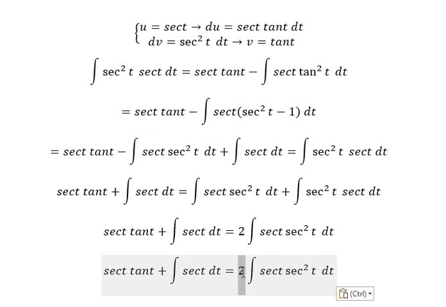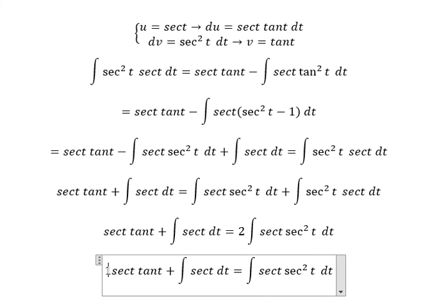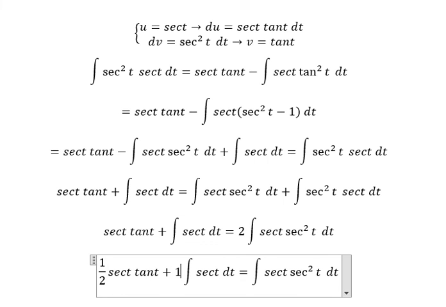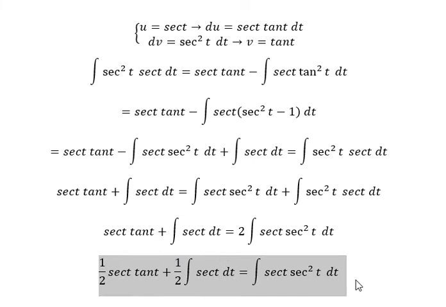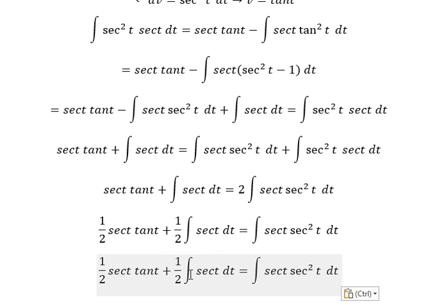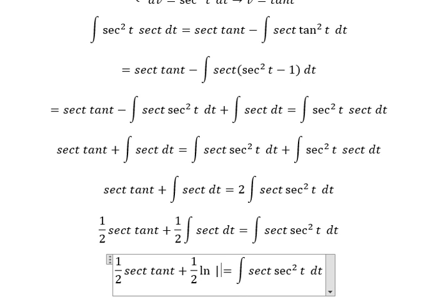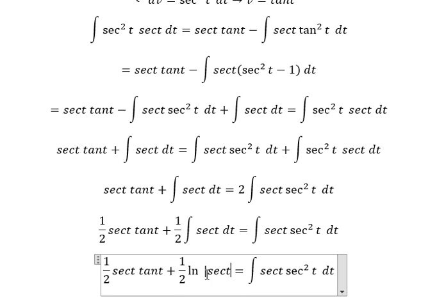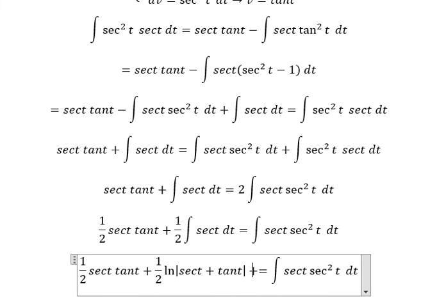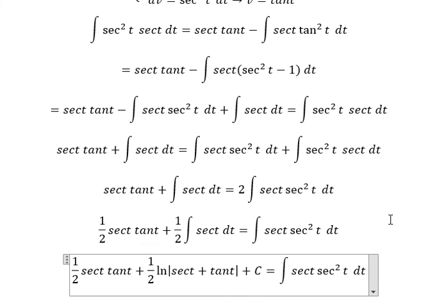So we divide both sides by number 2. The integration of this one, we have ln of the absolute value of secant of t plus tan t, and I will put about c.